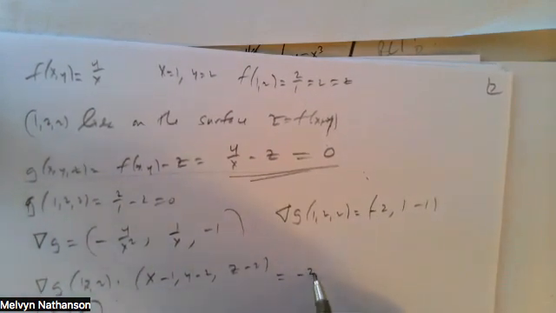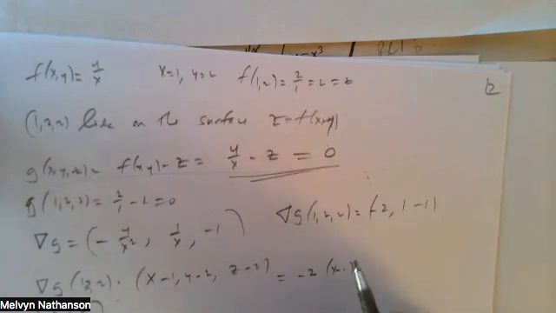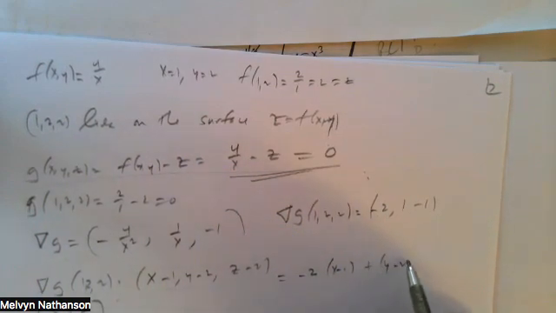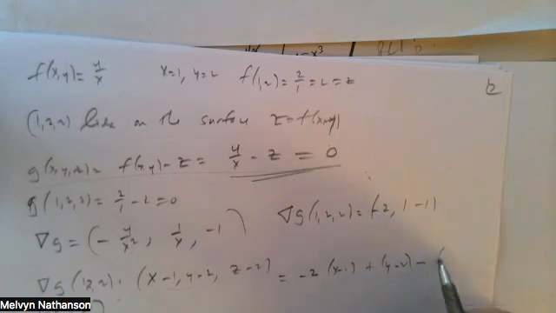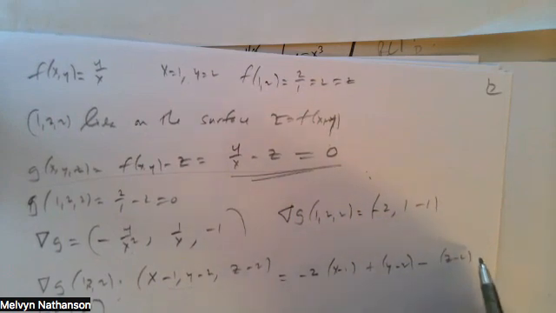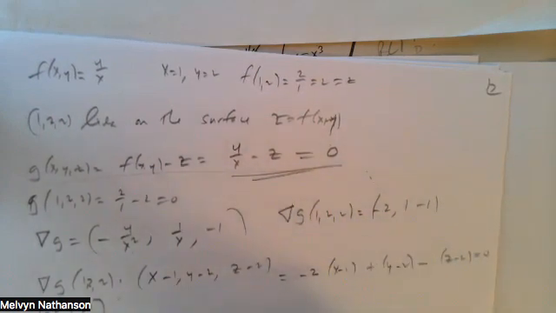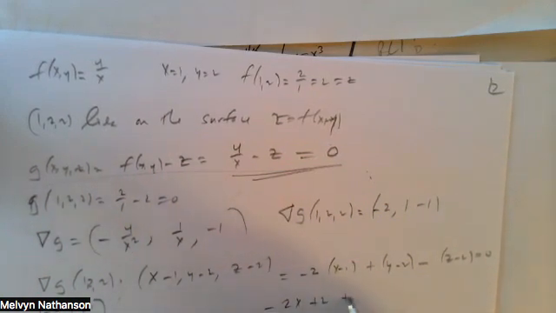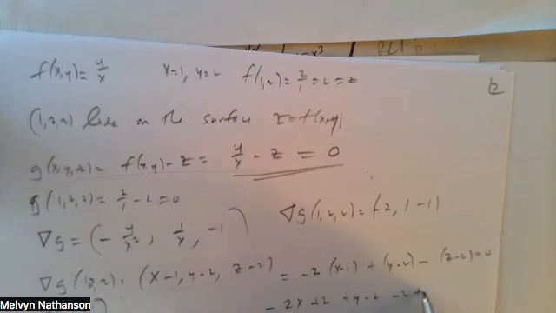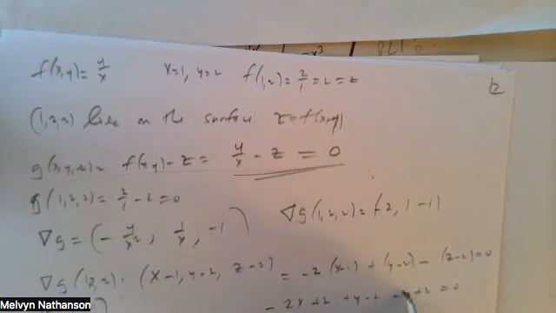We get minus 2 times (x minus 1) plus 1 times (y minus 2) minus 1 times (z minus 2) equals 0. Minus 2x plus 2 plus y minus 2 minus z plus 2 equals 0.